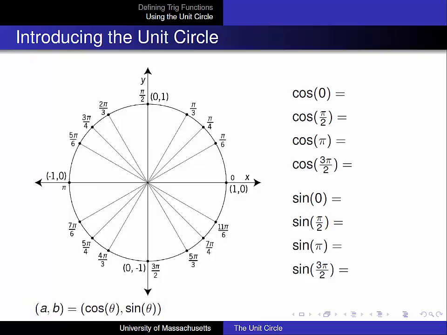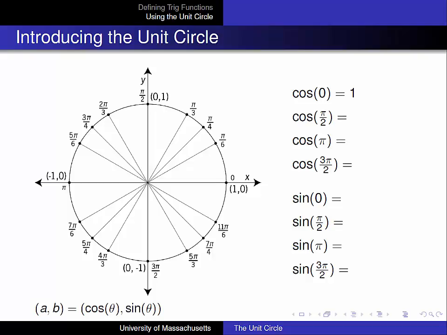So now I have a bunch of different cosine and sine values on the right-hand side. If you want to pause the video for a moment and see if you can figure out what these values are, you should do that now. So starting off with cosine of 0, the angle 0 is the point 1, 0. And since cosine is the first coordinate, we have that cosine of 0 is 1. Now for pi over 2, we've now moved pi over 2 radians around the circle, which is the same as 90 degrees, so we're now up at the point 0, 1.